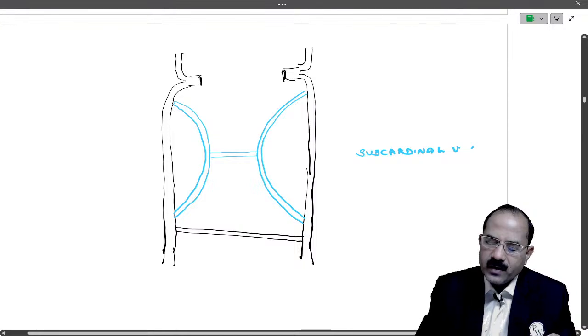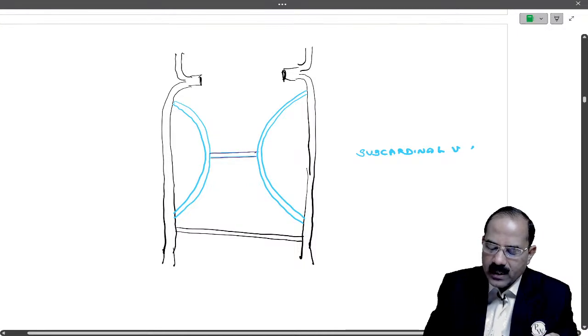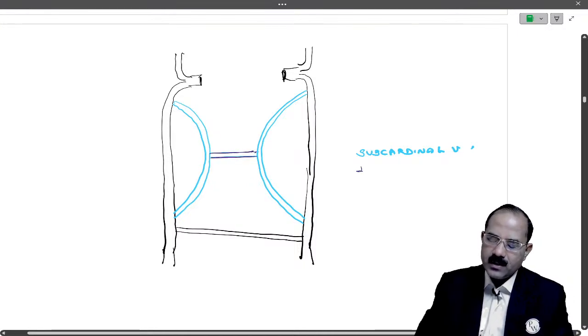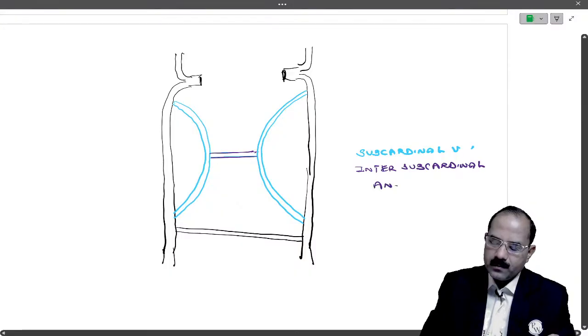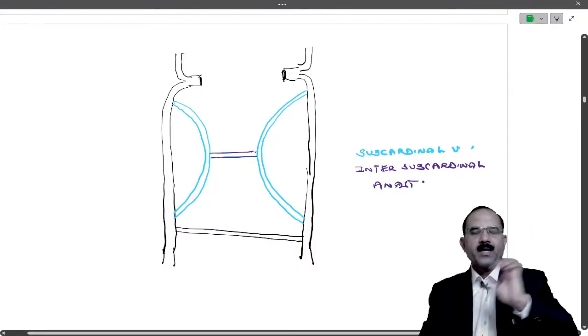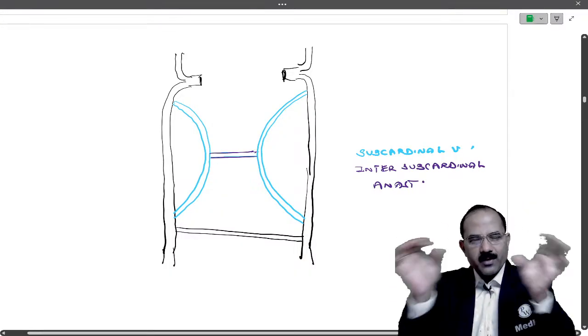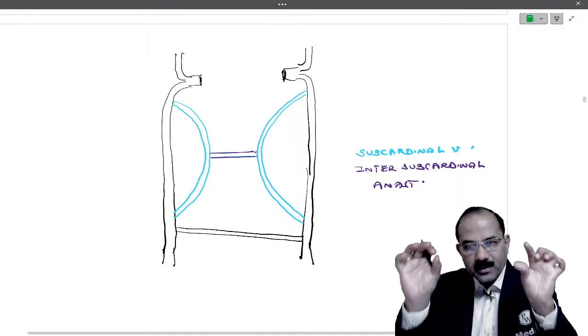I'll draw this in a different color. What is this anastomosis known as? I'll write it. This is known as the intersubcardinal anastomosis. So those subcardinal veins are formed, connected by an intersubcardinal anastomosis.